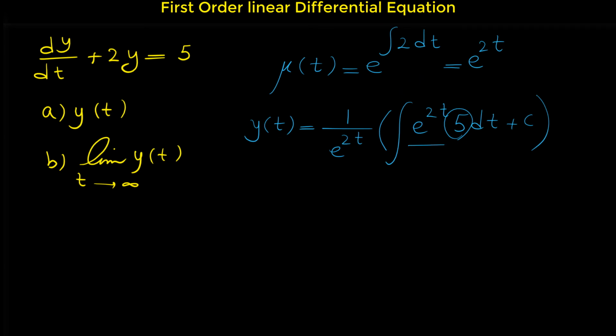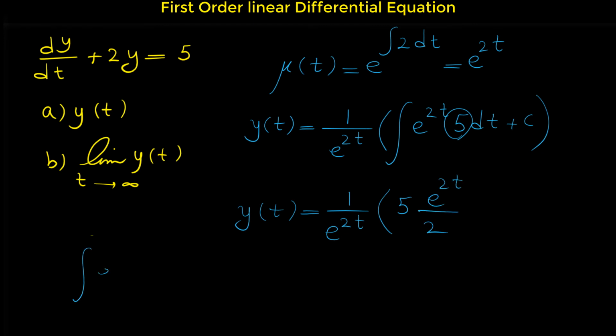And integral of e to the power of 2t is e to the power of 2t over 2. Let me remind you this formula from the integral. Integral of e to the power of at dt, where a is a number here, equals 1 over a e to the power of at.